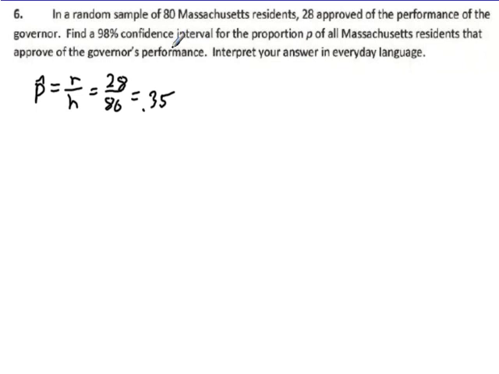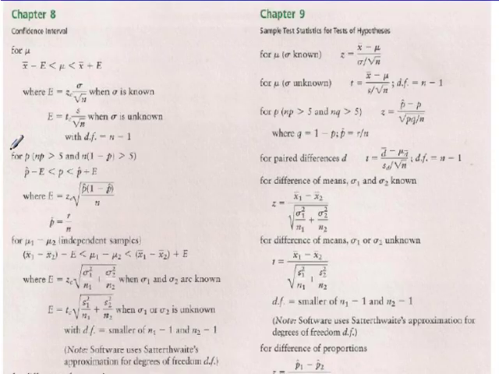So let's go to our formula sheet and look up confidence intervals for proportion. For P, we have, well, NP and NQ first of all, where 1 minus P is Q, have to be greater than 5. Actually, in the notes, we use greater than or equal to 5, and you should use that on the test.